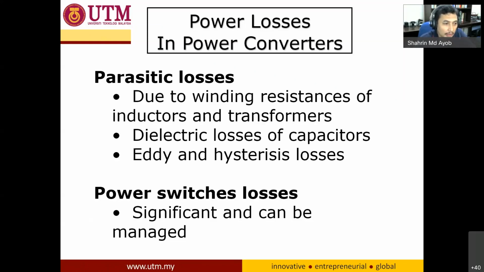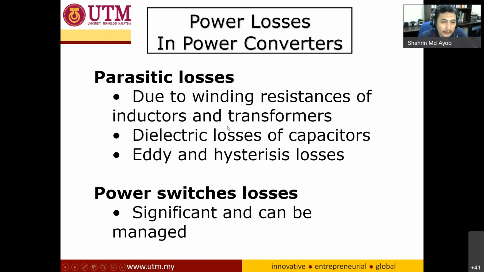This is usually when we apply it in the grid connection, because to connect to the grid we need some isolation between the power electronic circuit and the grid. So this is due to the transformer and so on, and we cannot avoid this.